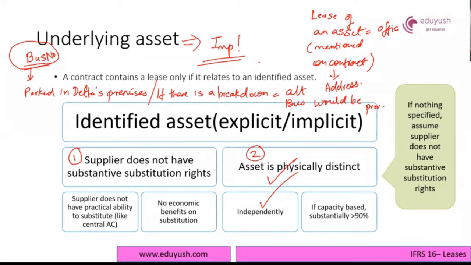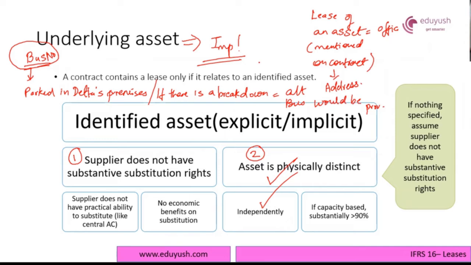But on the other hand, if the contract said the bus is parked in the bus company's premises, and every morning the bus company will decide which bus to provide to this vendor. Suppose another requirement for a bus comes, from a person who's going on a picnic and wants a wonderful bus.